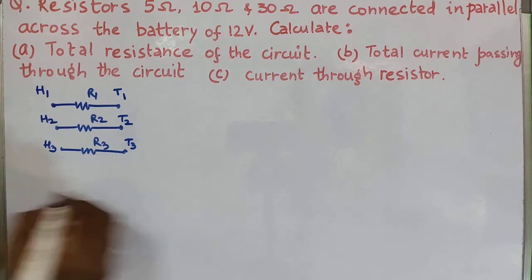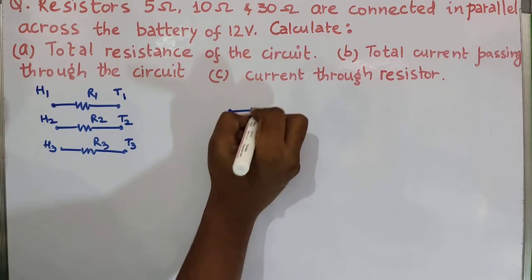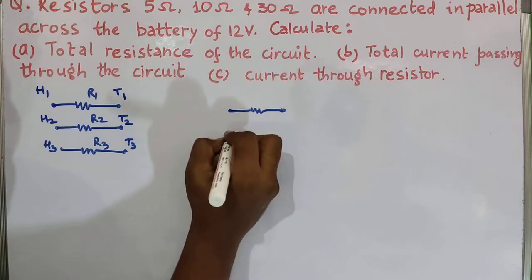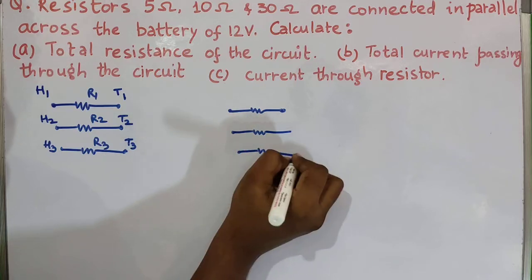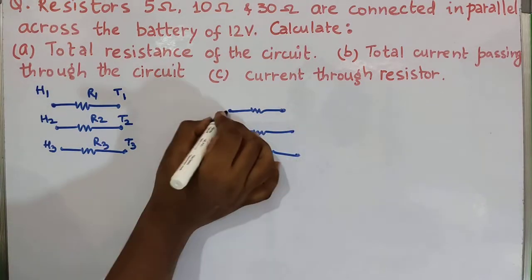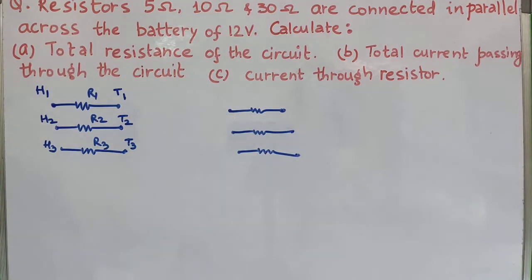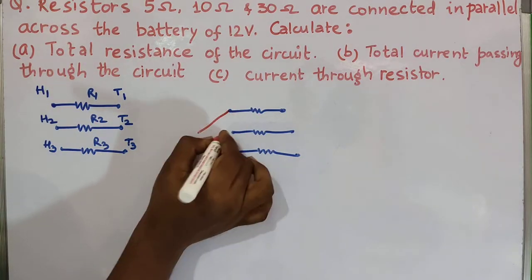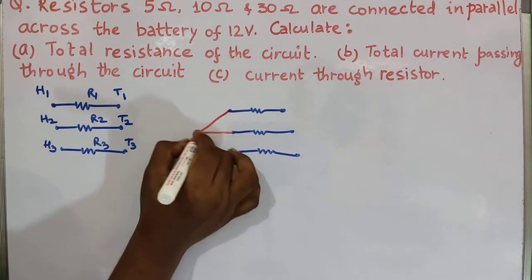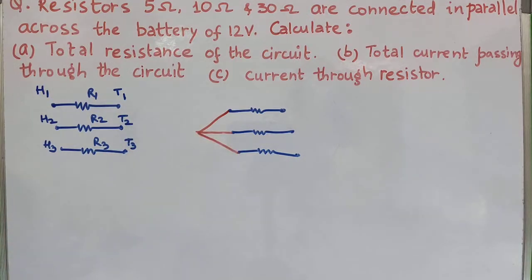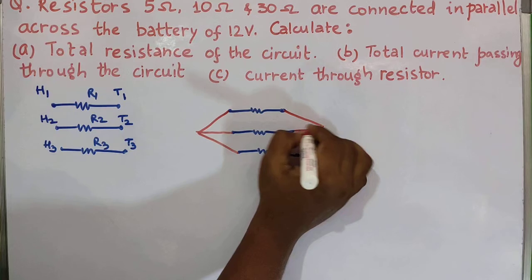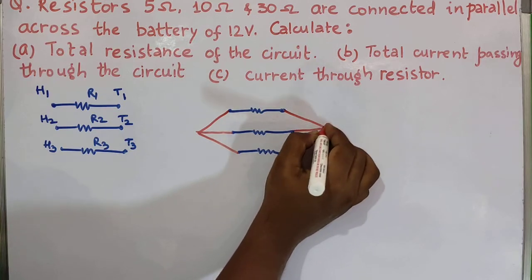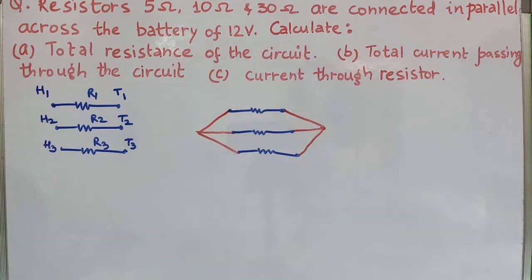So what we do is, we will keep the resistors in such a way that we'll connect all the heads together. We are going to connect all the heads together by using connecting wires, and also we'll connect all the tails together using connecting wires.